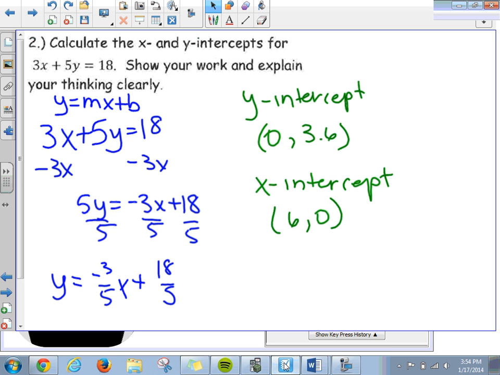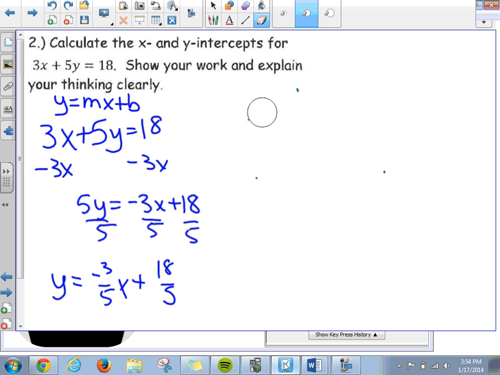All right. So to show your work and explain your thinking, another way we can do this is now that we have our equation, think about what an x-intercept is and what a y-intercept is. Well, a y-intercept is whenever our x is 0, so we're going to plug 0 in for x.